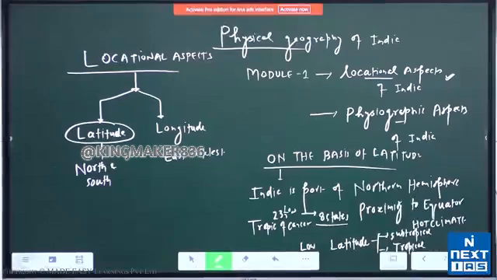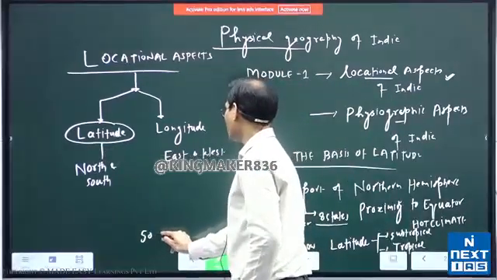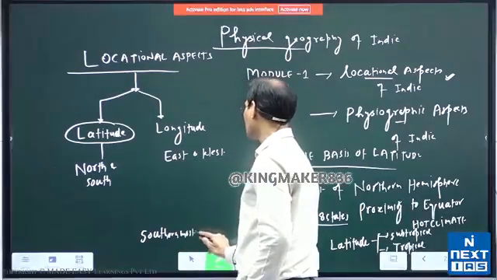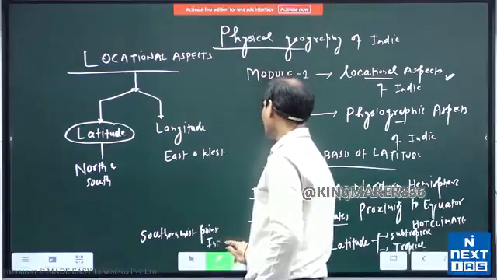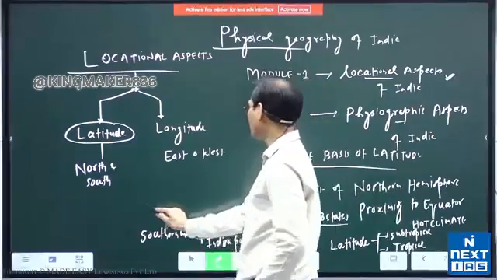And you know which is southernmost point of the India? Indira Point, Andaman Nicobar, and mainland southernmost point? The Kanyakumari or Cape of Comorin, mainland southernmost point.